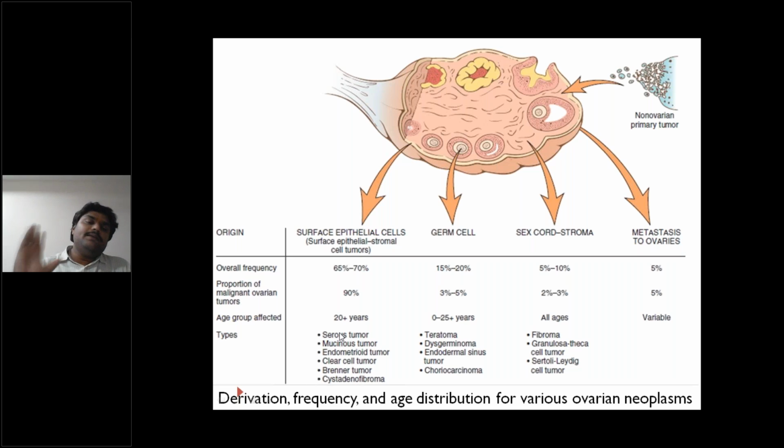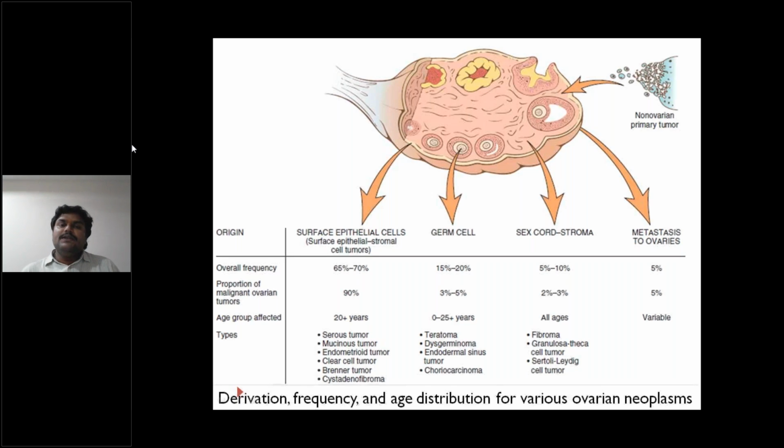Okay, the serous is benign, it could be borderline or malignant. Again, mucinous benign, borderline or malignant. Endometrioid usually is malignant. Okay, so depending upon the type, it will mature, so it results in different types of carcinoma.